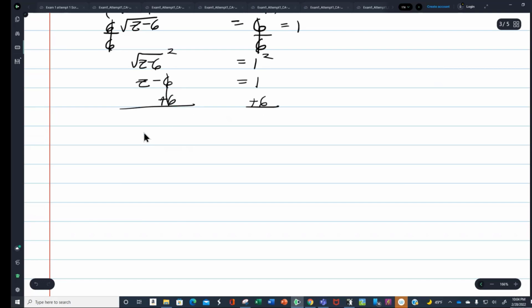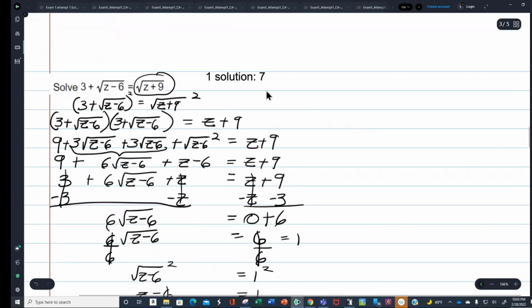And I'll get 7. z equals 7. So all we're going to have to do is check z equals 7 in the original equation, and you see that is correct. Love it, love it, love it.